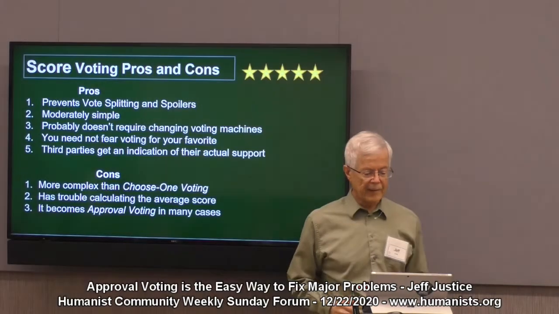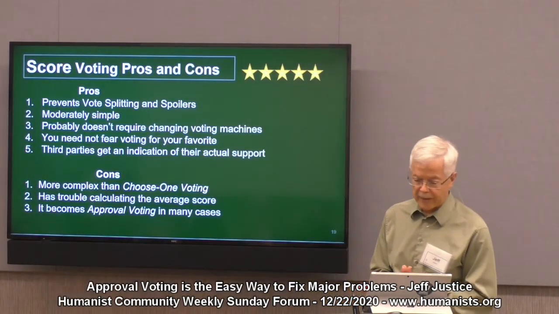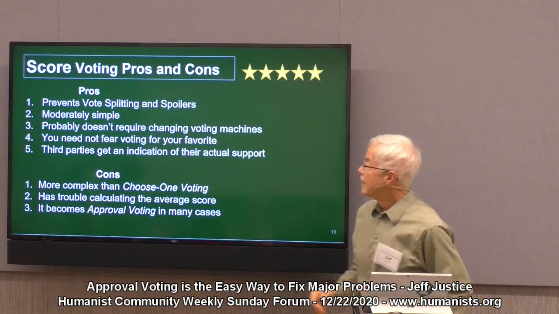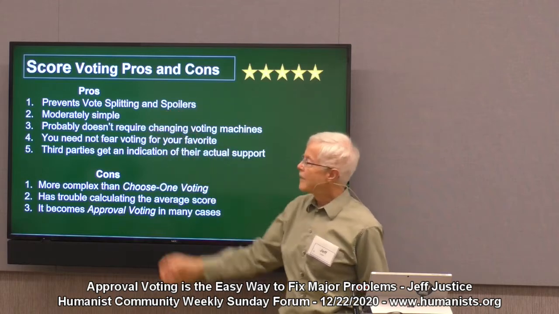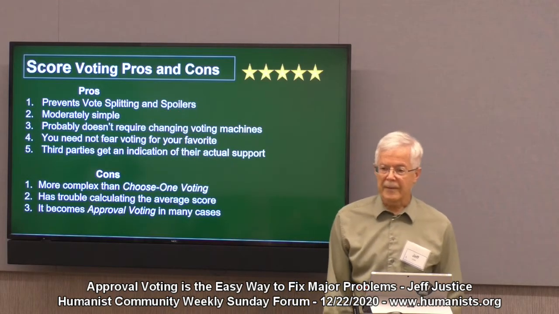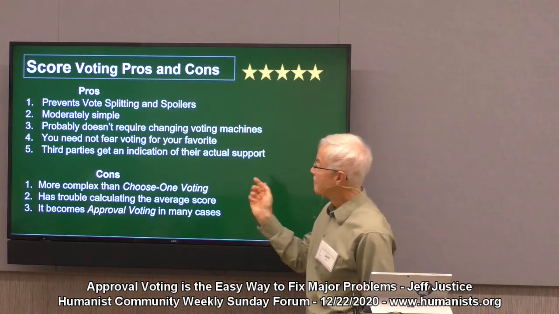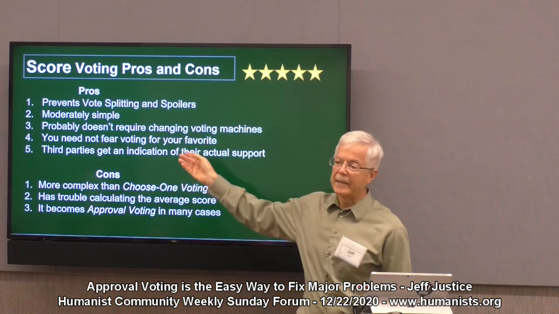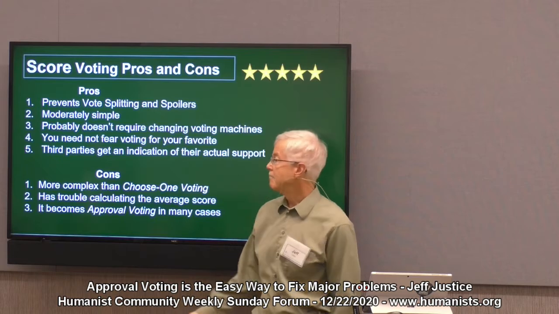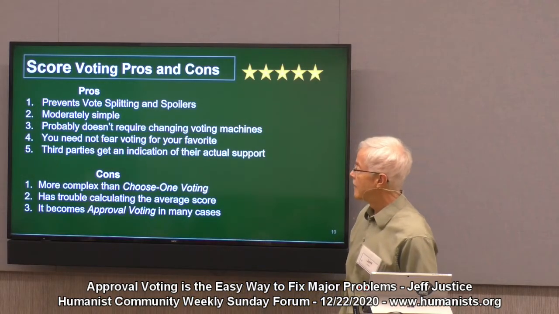But here's a list of the pros and cons of score voting. It does prevent vote splitting and spoilers. It's more complicated than choose one voting, but still pretty simple. People on Amazon handle it.